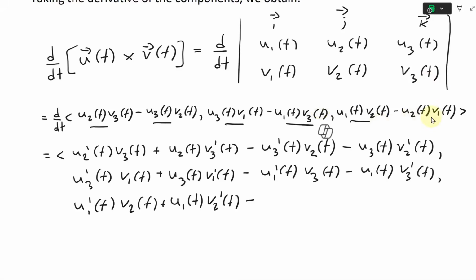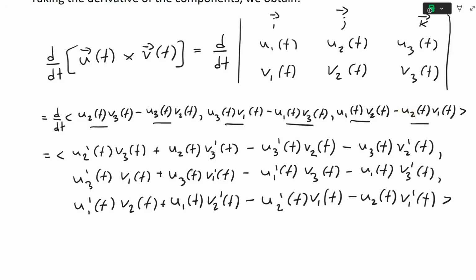Now we do this last one, u2 prime of t, v1 of t, and then we just do minus u2 of t, v1 prime of t, and close bracket there. So we did all that jazz.